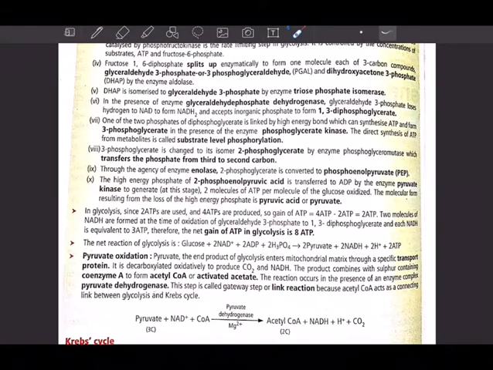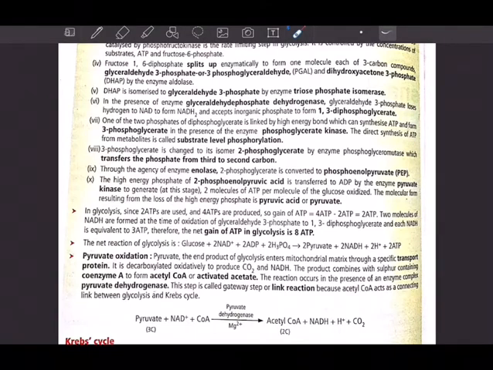Now in glycolysis, 2 ATPs are used and 4 ATPs are produced. So the gain is 4 ATP minus 2 ATP, a net gain of 2 ATP. 2 molecules of NADH are formed at the time of oxidation of glyceraldehyde 3-phosphate to 1,3-diphosphoglycerate, and each NADH is equivalent to 3 ATP.